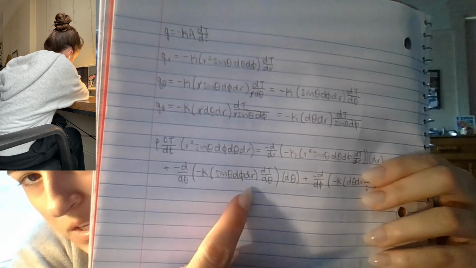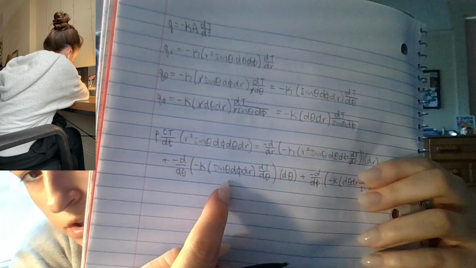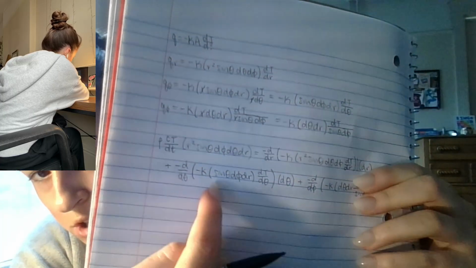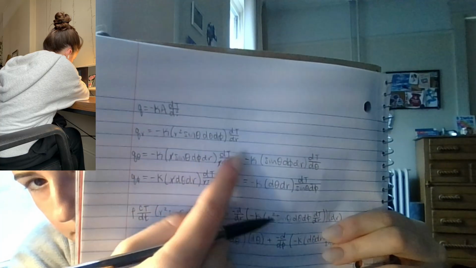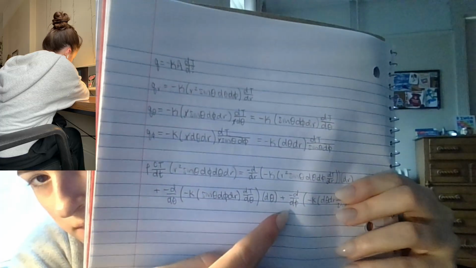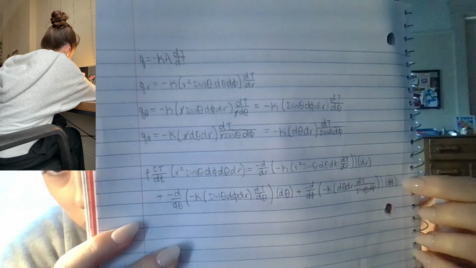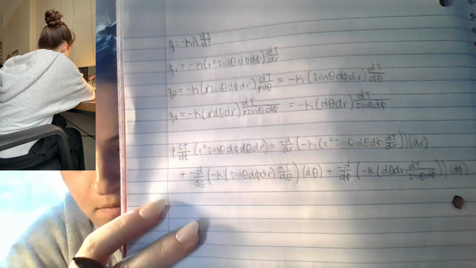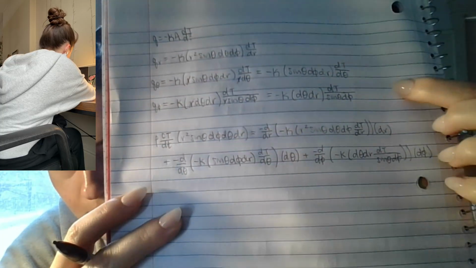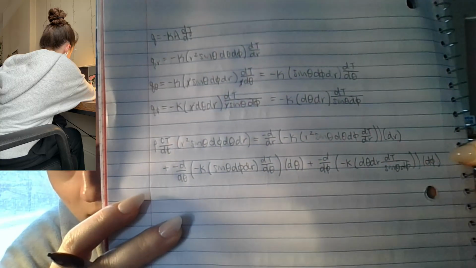Alright, so this is what I've written to plug in for our Q's. That term right here is our d theta, so net heat flow in the theta direction. We just plugged in what we found up here. And then the final d theta, and then the same with the d phi over here. So we have the d phi, and then our Q phi, which we found up here, and then the final d phi at the end.